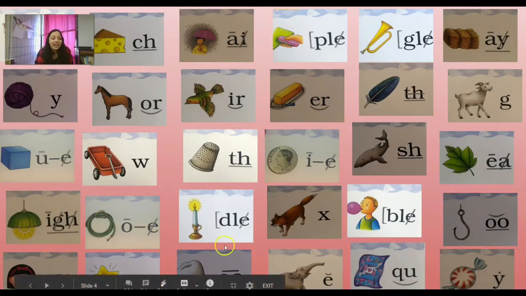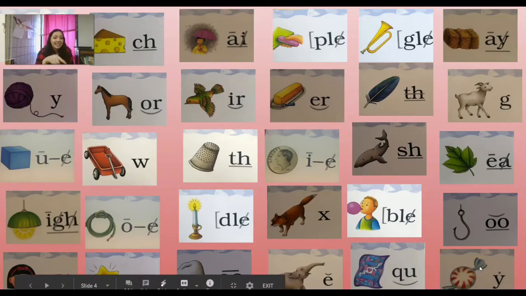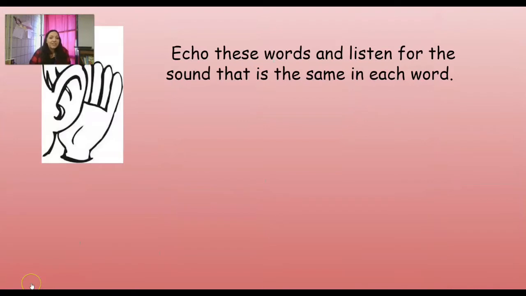Combination, a-r. Tooth, oo. Digraph o-o. Elephant, e. Quilt, qu. Combination, q-u. Candy, e. Vowel y. Very good.